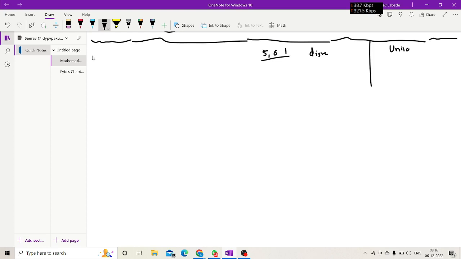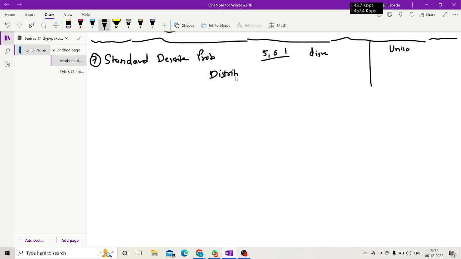Now, today in the seventh chapter, we have to discuss some standard probability distributions. But these are discrete distributions. So today we have to discuss some standard discrete probability distributions.